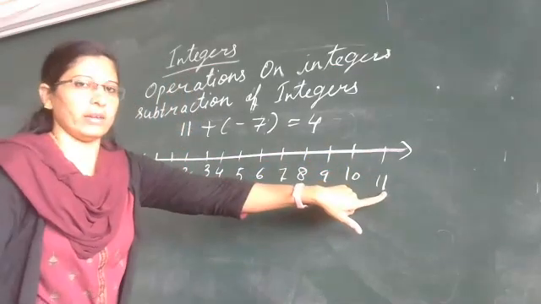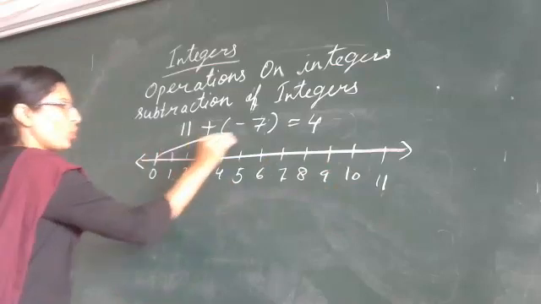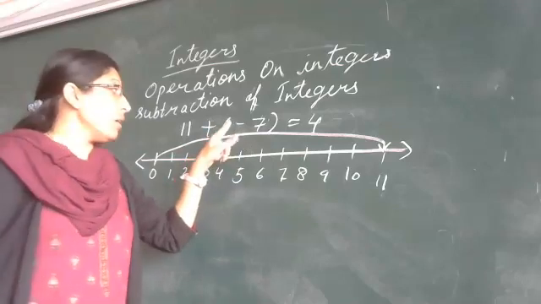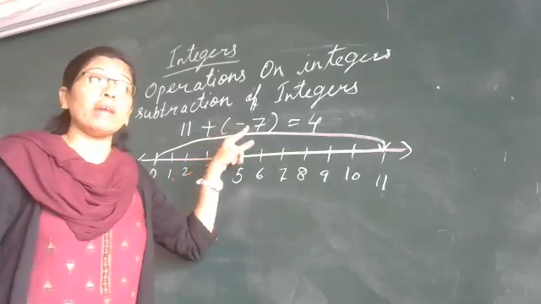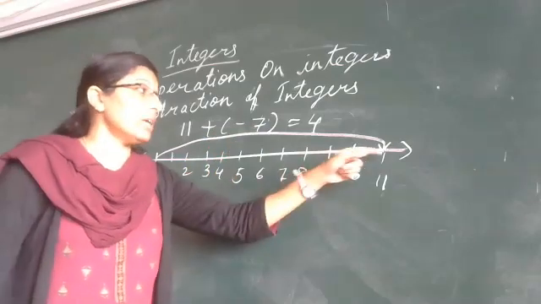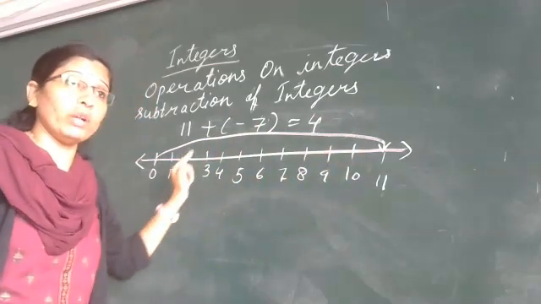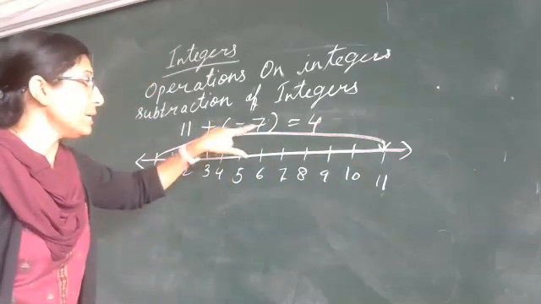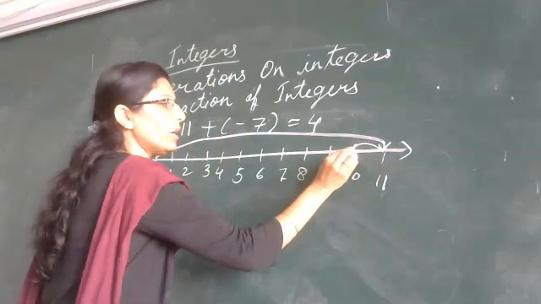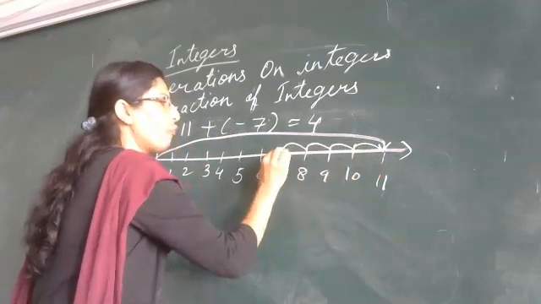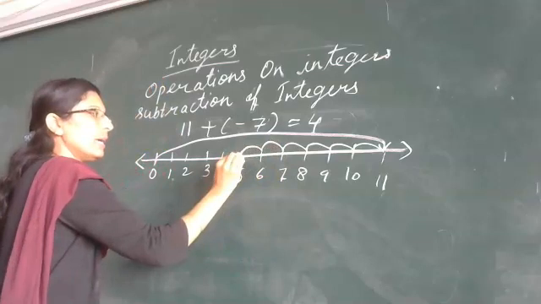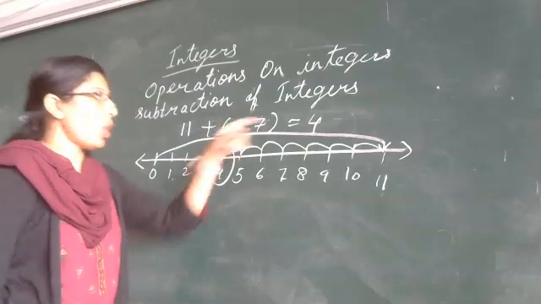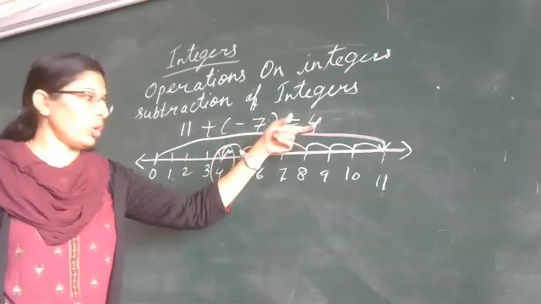Here 11 is there, so first we go from 0 to 11. After that plus minus 7. Whenever minus is there, a negative sign means on a number line the arrow will go to the left side. So minus 7: 1, 2, 3, 4, 5, 6, 7. Where did it reach? It reached 4. So the answer is 4.